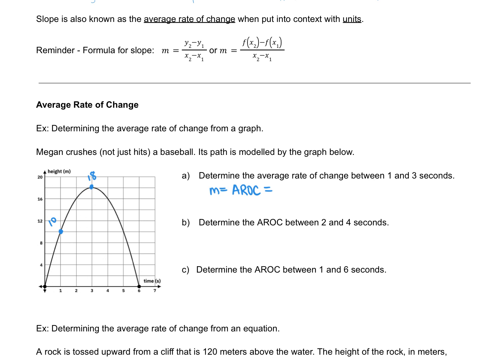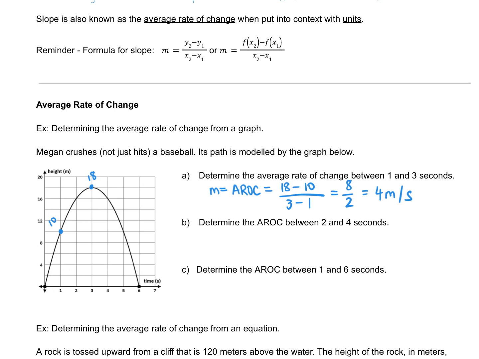My y2 is 18 minus my y1 is 10 over x2 is 3 minus x1 is 1. And now that is 8 over 2, which is 4. And my units, it was height on top, so meters, and time on the bottom, so seconds. 4 meters per second.